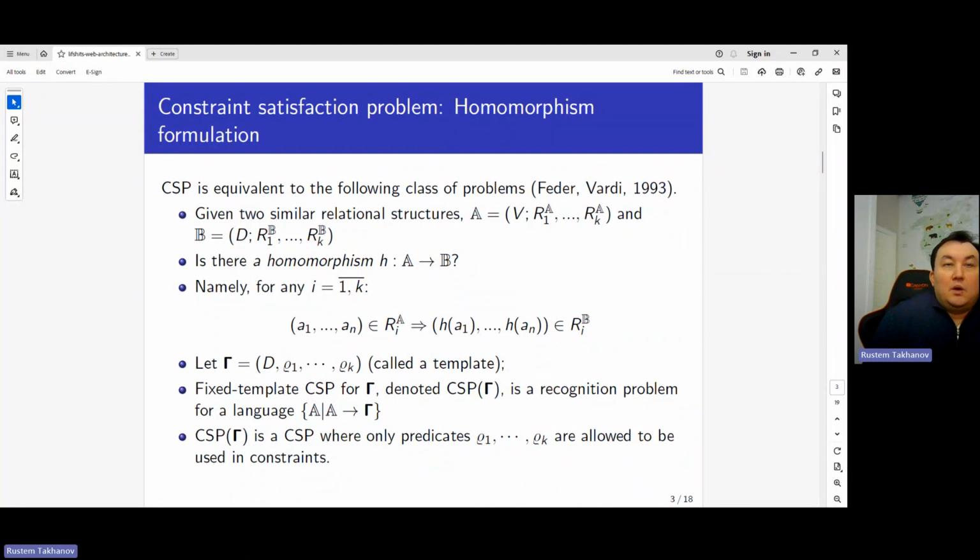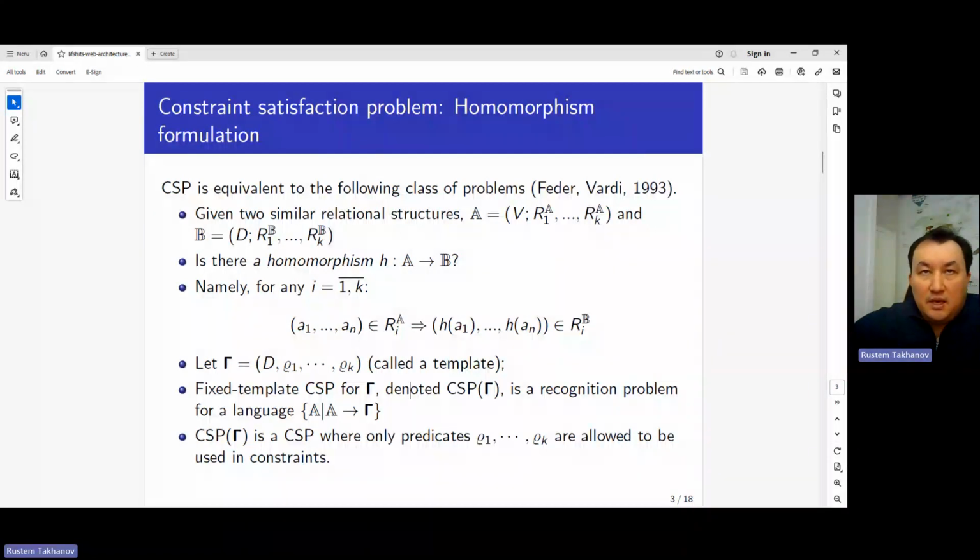Then, if the second structure is fixed, the first one is, of course, an instance of that problem. We assume that all the relations are given by a list of tuples. In the search version of the problem, we are asked to find a homomorphism from the given instance A to gamma, or in the decision problem, we are asked whether this homomorphism exists or not.